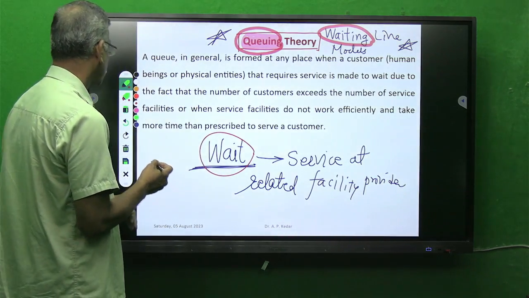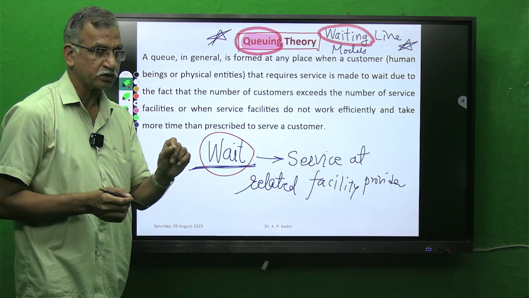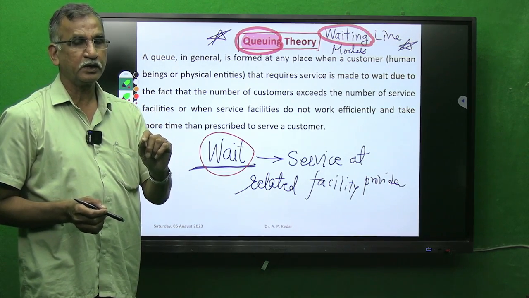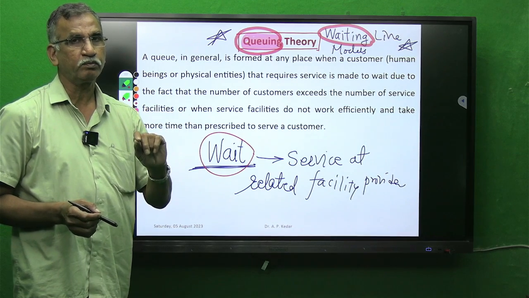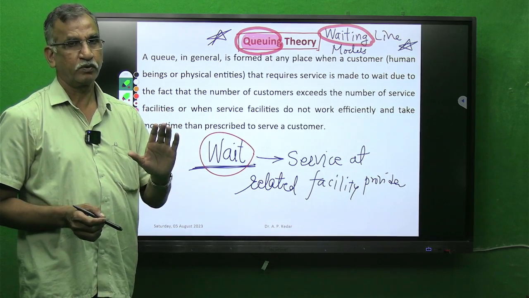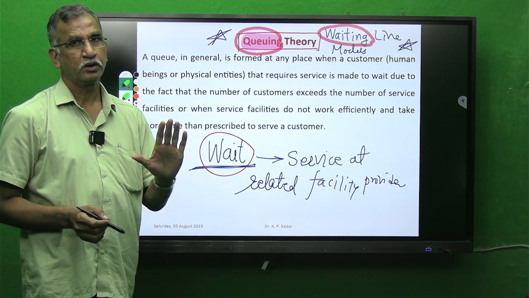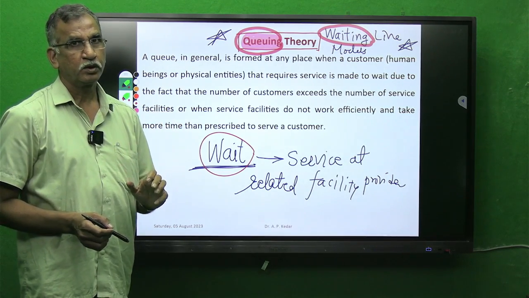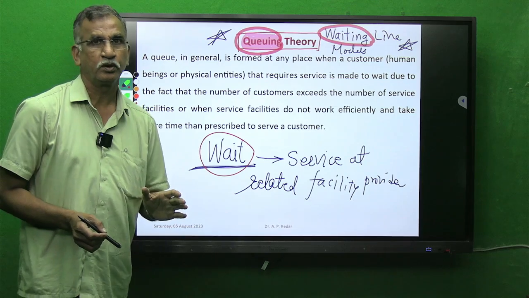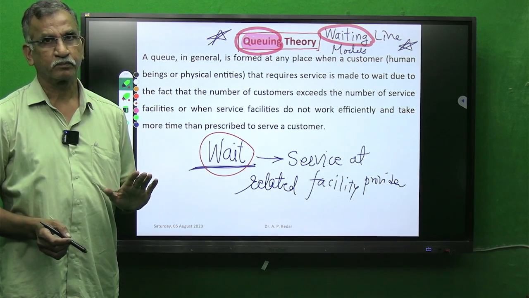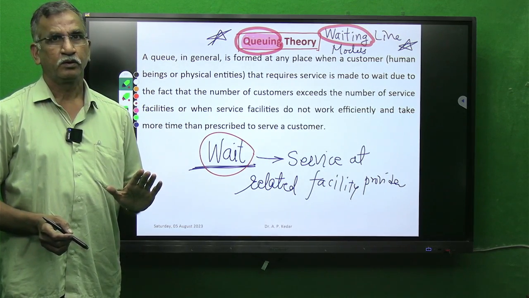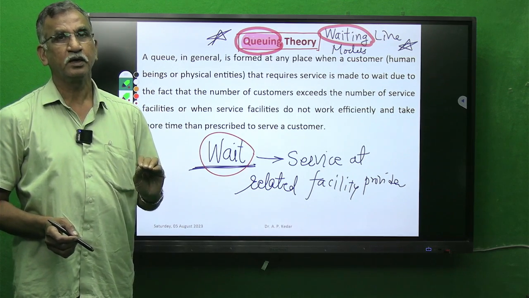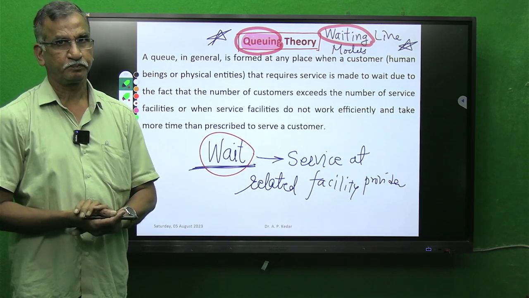So, one important thing which I have quoted: queuing or waiting line is an inevitable part of your life. Wherever you go, you come across the formation of queues. You cannot avoid queues, and if you try to avoid queues, you will be blamed, you will be boycotted, it will be considered that you are disturbing the system.